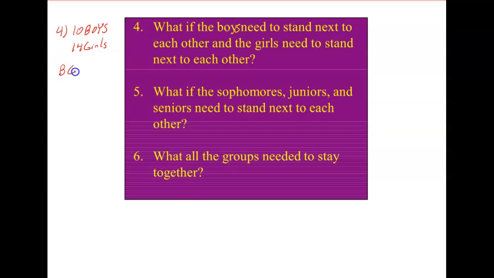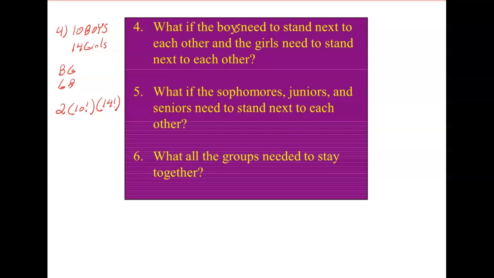So you get boy, girl, or girl, boy. So that's 2. But then the boys could be rearranged. How many ways can the boys be rearranged? 10 factorial. How many ways can the girls be rearranged? 14 factorial. So for problem number 4, you would do 10 factorial times 14 factorial, but then the boys and girls can switch, so that's why we need to multiply by 2.